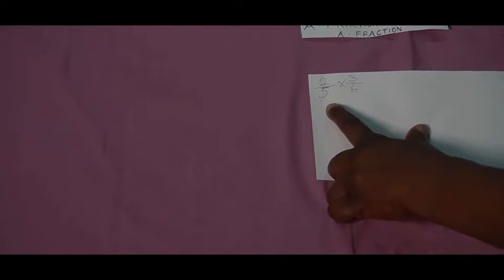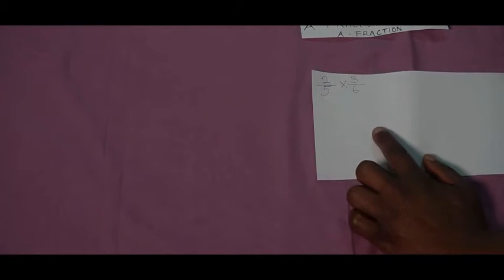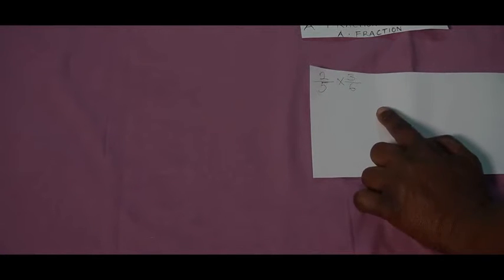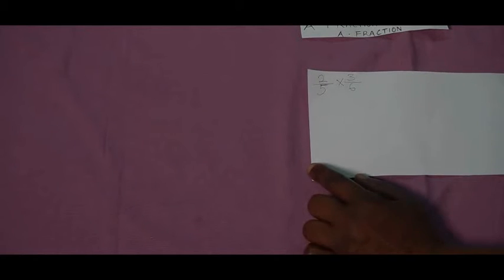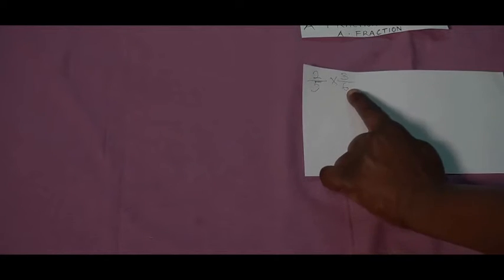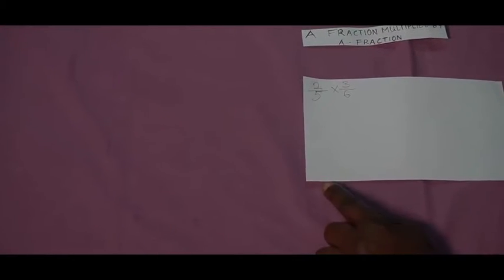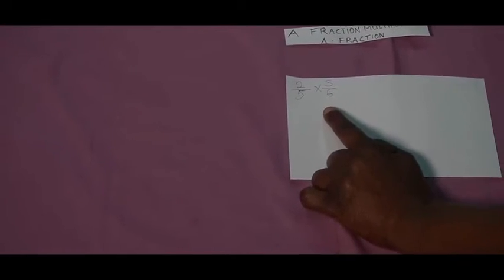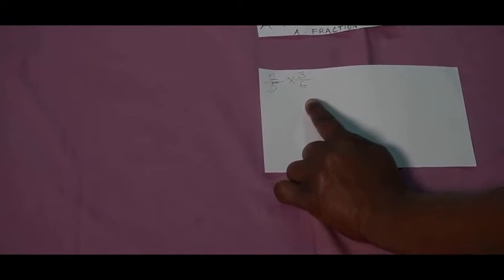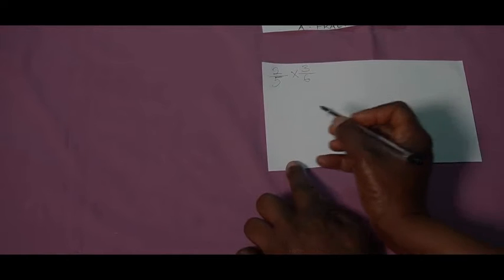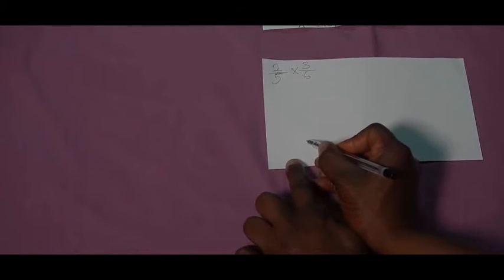What's the first thing I do? The multiplier tells me that I need to break each of the fifths into 6 equal pieces. How can we do that? We know what our denominator will be. If we do that, it's going to be 30.